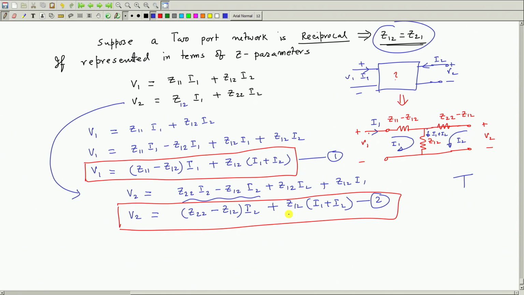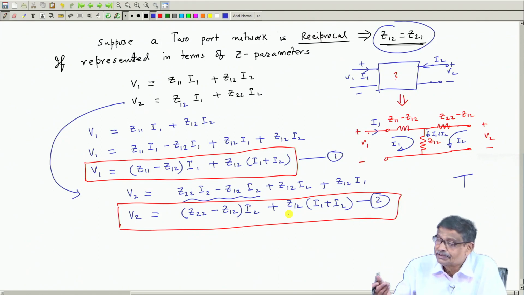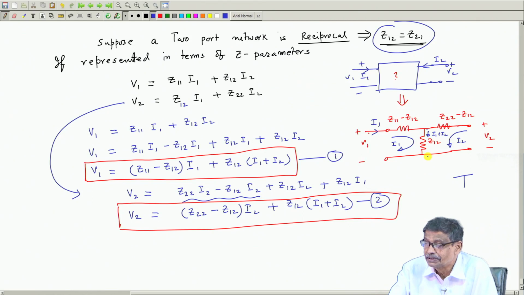So, this tells me that you may not know the internal structure of the impedances, how they are connected, but if it is a reciprocal network, you can always think of this network as nothing but a T network with these parameter values.